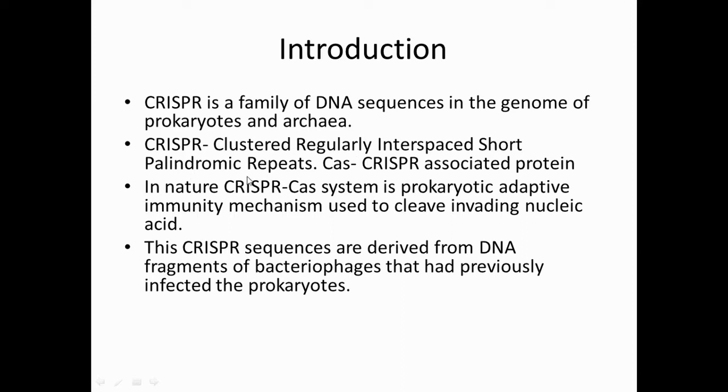Bacteriophages are the viruses which infect bacteria. That means the bacteriophages are the pathogens of the bacterial cell. So bacteria acquire certain DNA sequences from their pathogens, that is the bacteriophages, which get integrated into their DNA, and that DNA sequence is referred to as the CRISPR sequence.